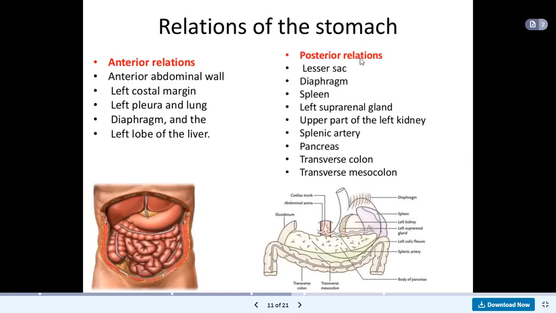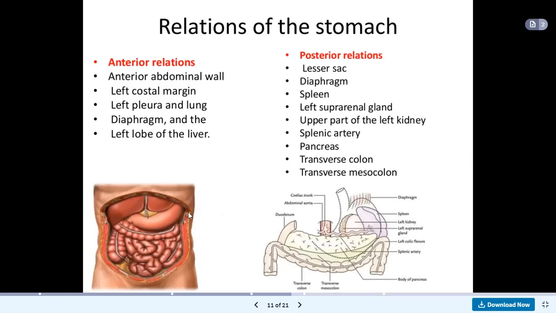Then the posterior relations of the stomach will have the lesser sac, or what we call the lesser omentum. We have the diaphragm, because the diaphragm has two domes. Some parts of the dome of the diaphragm are related to the stomach posteriorly, so behind the stomach. Then we have the left suprarenal gland.